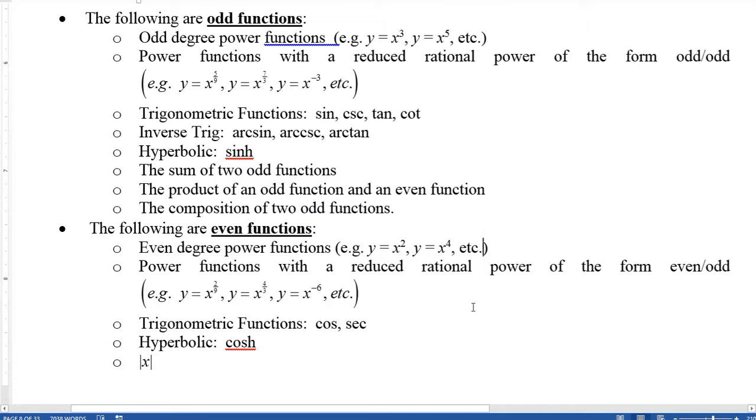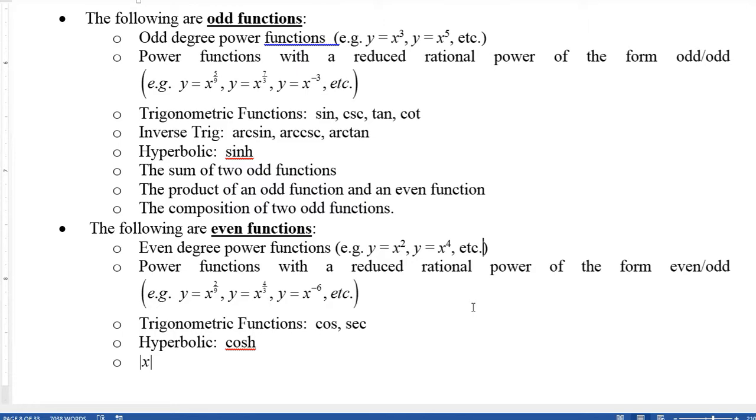And if you can make it into a fraction power for a power function where that fraction in reduced form is an even over an odd number, that will also be an even function. In other words, they will have y-axis symmetry. So y equals x to the 2/9, y equals x to the 4/3, y equals x to the -6, think of that as -6/1. Those are all examples of even functions.